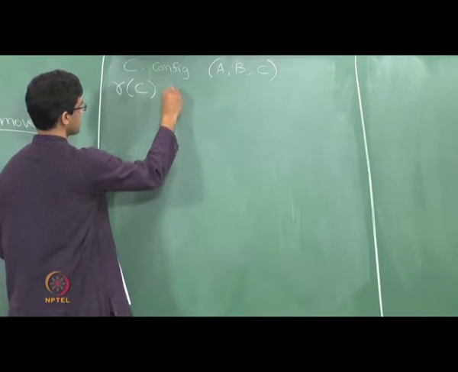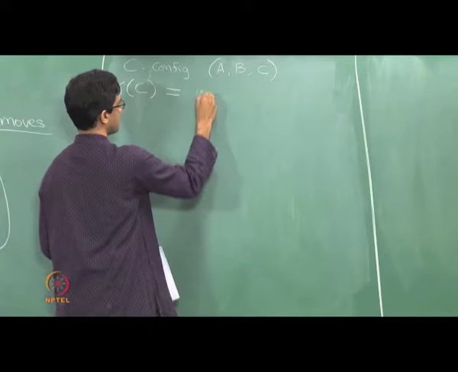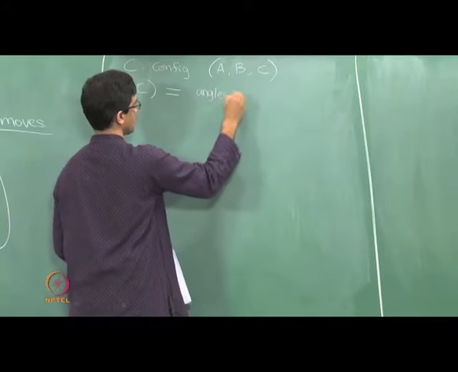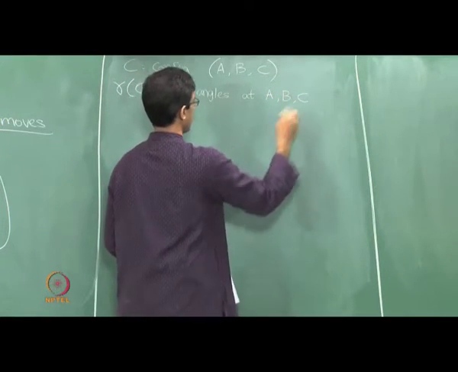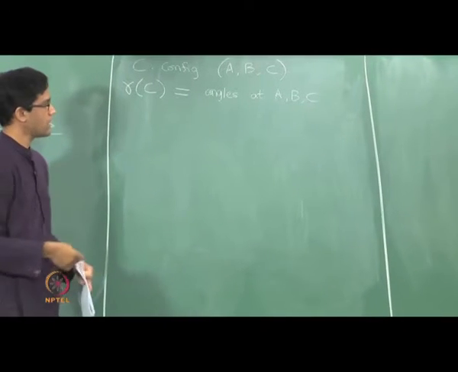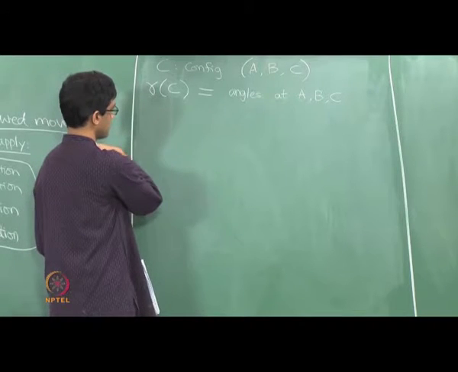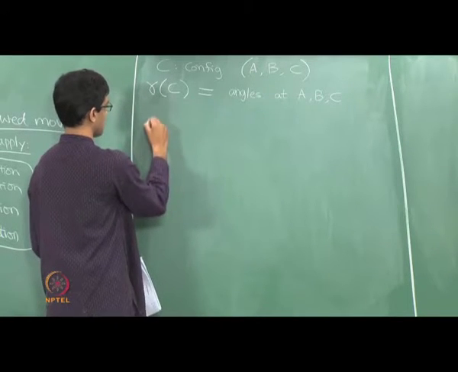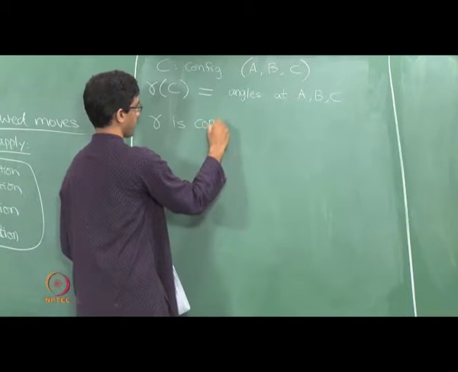The gamma function can just be the list of the 3 angles at the points A, B, C. Here the conserved quantity is not just one quantity, but rather a list of the 3 angles, but nevertheless observe that the evolution rule conserves gamma. So gamma is in fact conserved during the evolution.